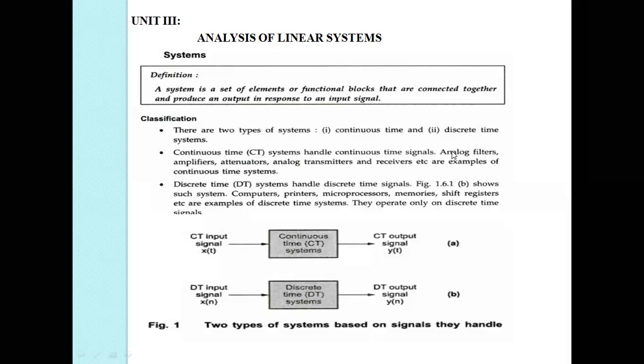Examples are analog filters, amplifiers, attenuators, analog transmitters and receivers. And discrete time systems handle discrete time signals. Examples are computers, printers, microprocessors, memory, shift registers, etc. The discrete time system can only operate on discrete time signals.